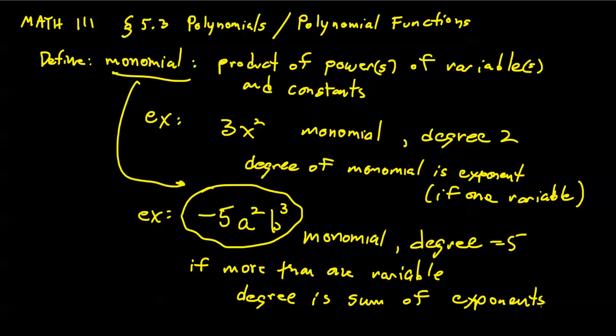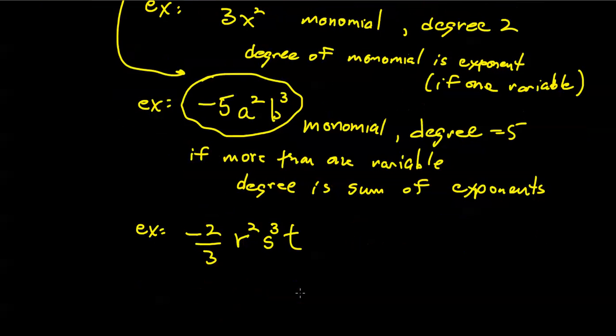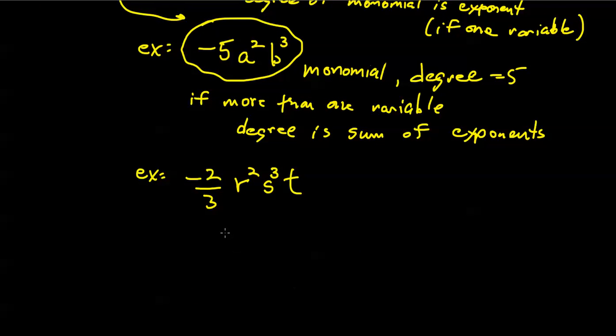Let's do another example of a monomial, and let's classify it also. Minus 2/3 r squared s cubed times t. This again is a product of powers of variables and constants, so this is a monomial.